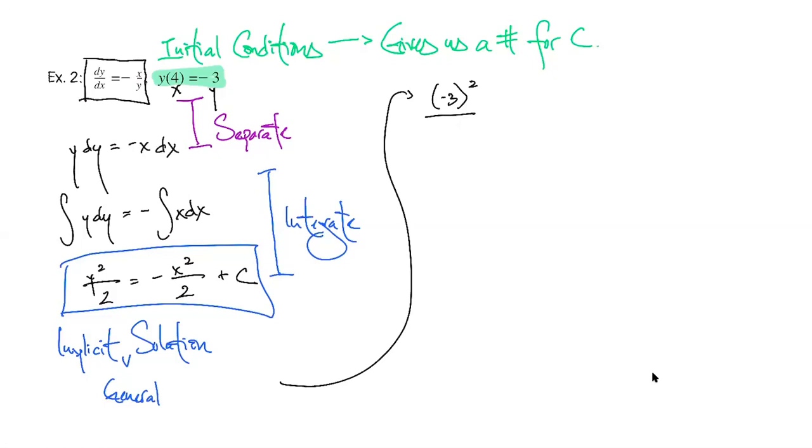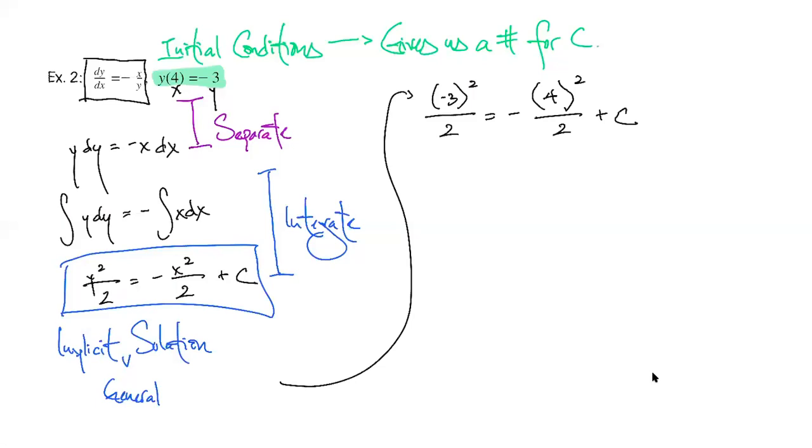Everywhere we see an X, we're going to put a 4. Now, the only thing we don't know is a C. That means that we can solve for C, get the number, okay?